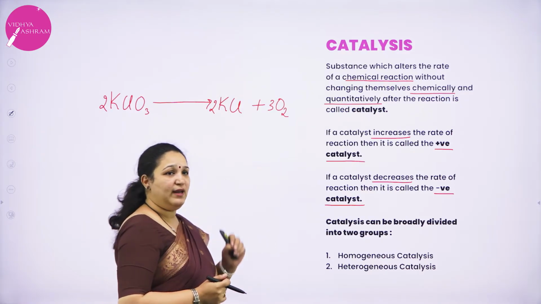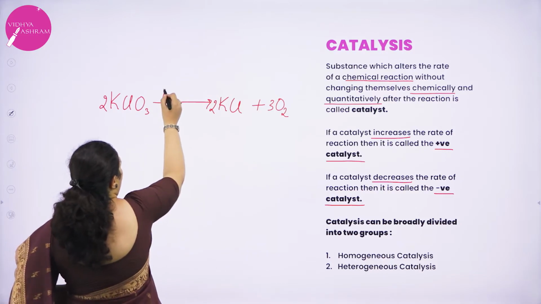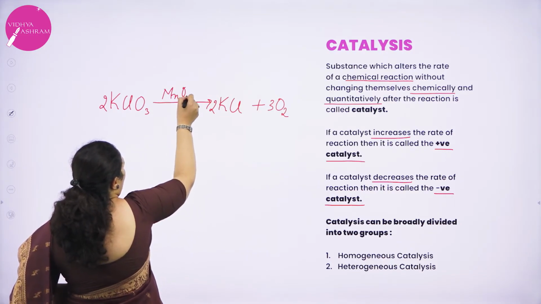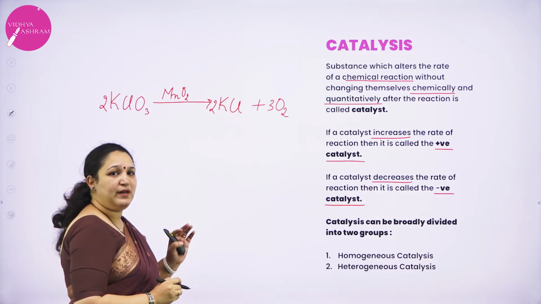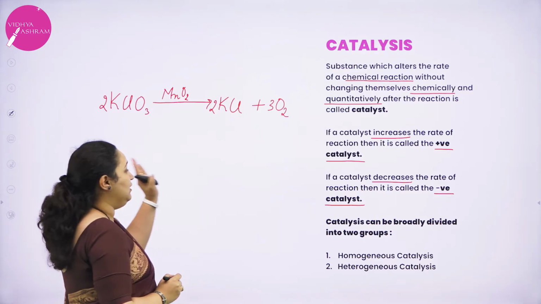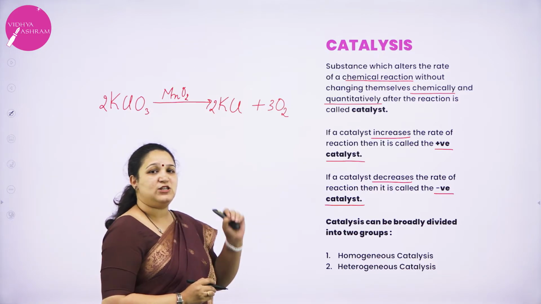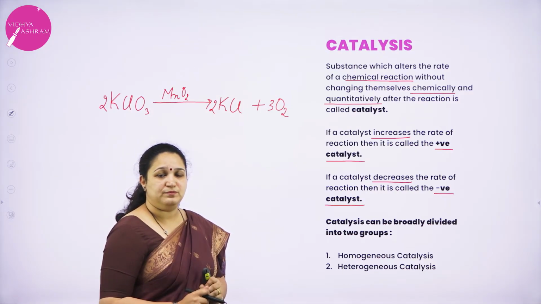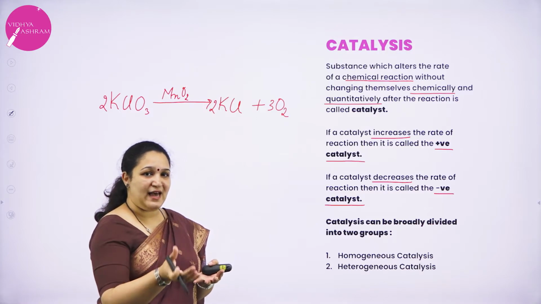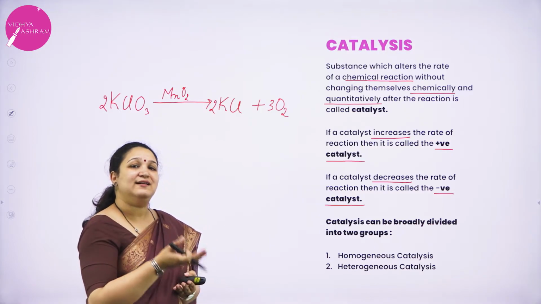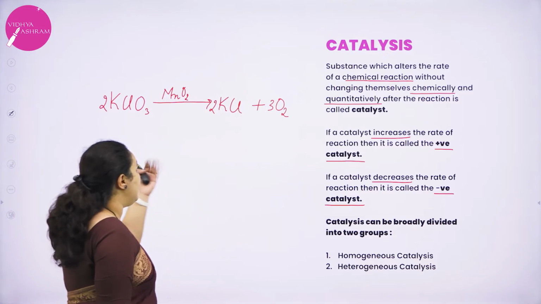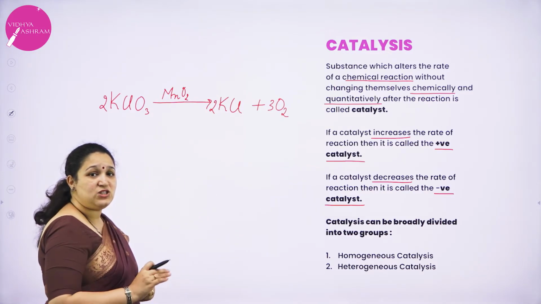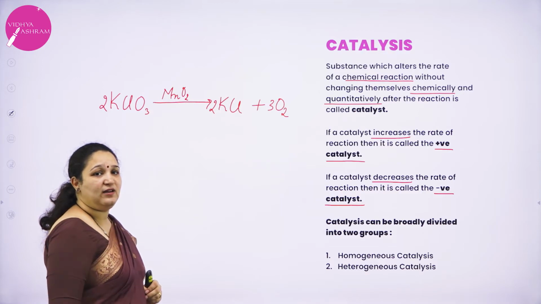But for the same reaction, if I use MnO2, manganese dioxide, as a catalyst, the decomposition of potassium chlorate is possible at a much lower temperature, like 270 degrees Celsius, instead of 650 Kelvin.